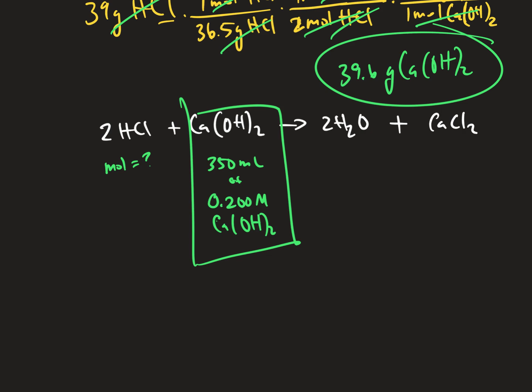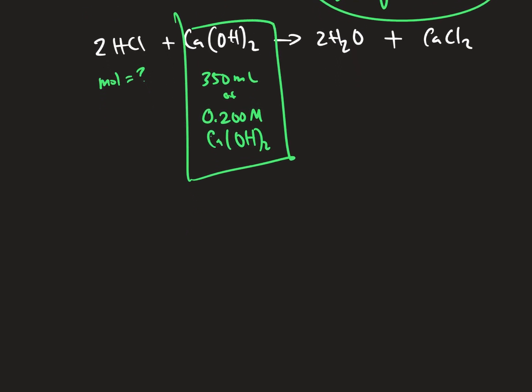You with me? And then once we have moles of that substance, we can convert to moles of HCl. Okay? All right. Is there any moles in the information that we're given? Yeah, where is it? Remember, molarity is moles over liters, right? Okay, so maybe let's start there.